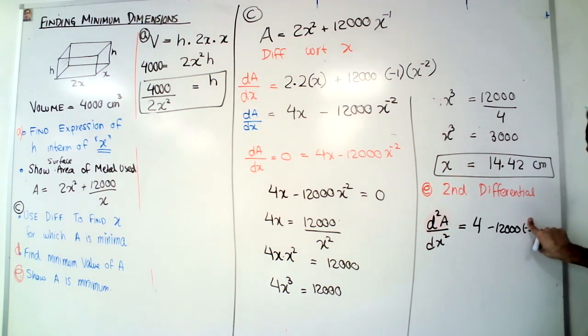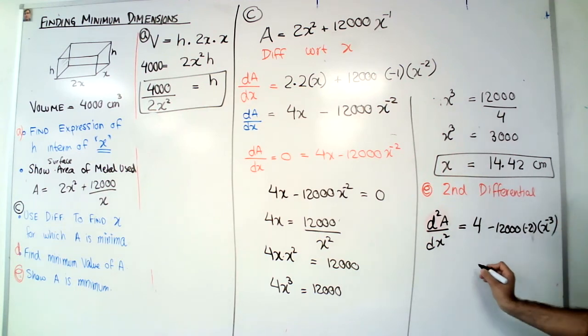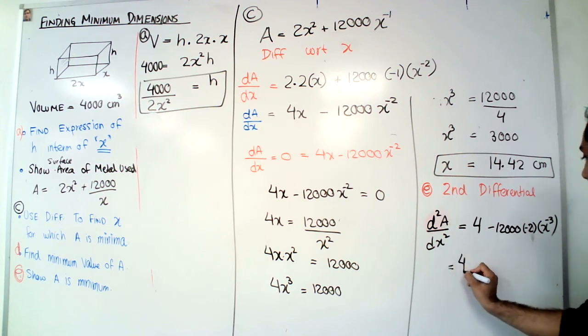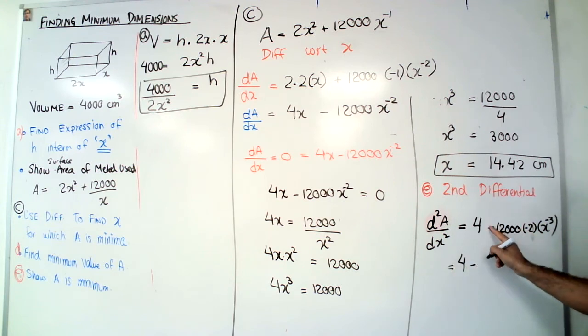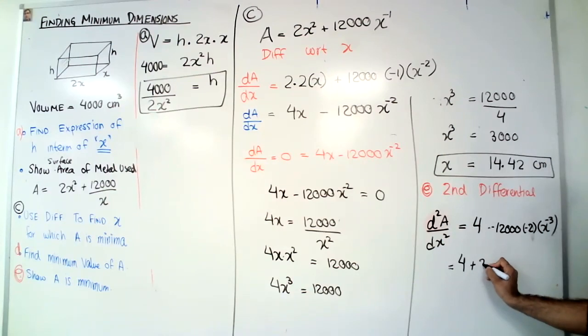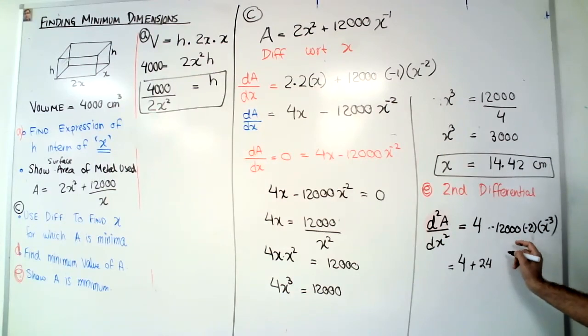Sorry, minus 2 comes out, not 3. Minus 2 comes out and reduce the power by 1, x to the minus 3. So that will become 4 plus 24,000 x to the minus 3.